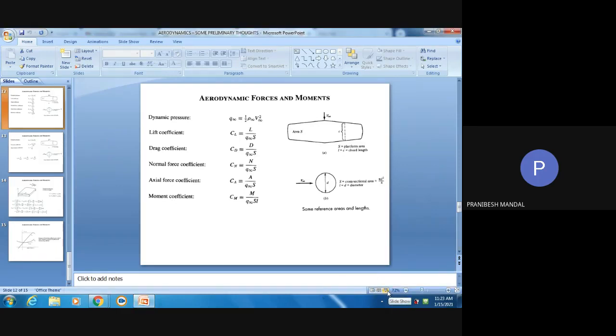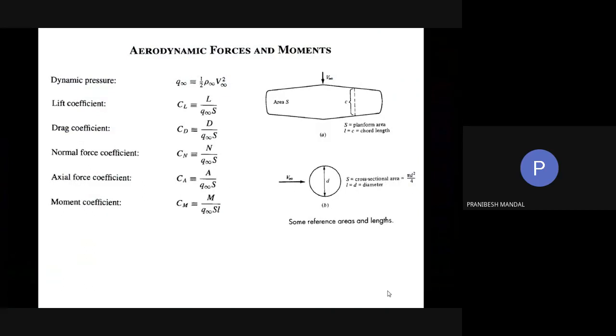So for every sort of force and moments, we have some sort of parameters which will make this non-dimensionalized. So instead of lift, drag, normal force, axial force, we are having their corresponding coefficients. Obviously, how to normalize a force?